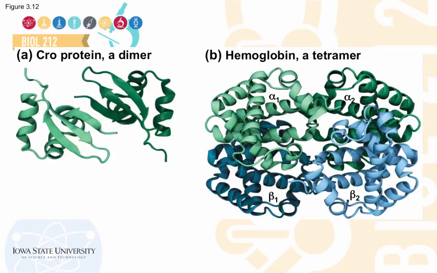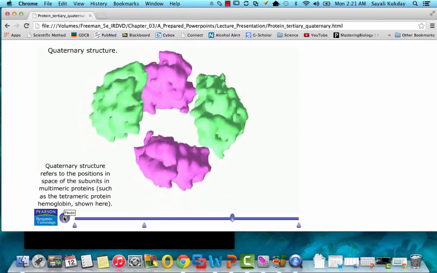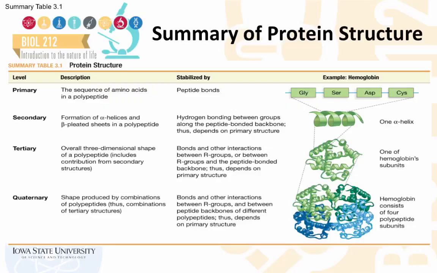As shown in panel A and B in this figure, you can see that for the Cro protein, two subunits interact with each other to form a dimer, whereas in a hemoglobin molecule, four subunits interact to form a tetramer. The four subunits of hemoglobin come together to function as one complex.